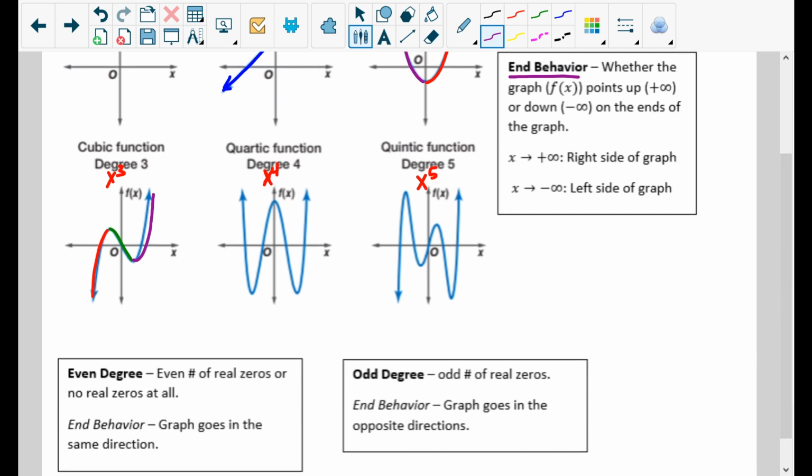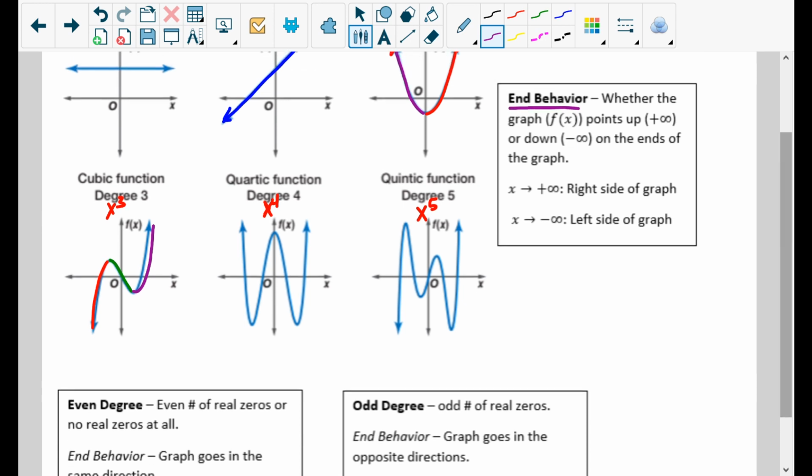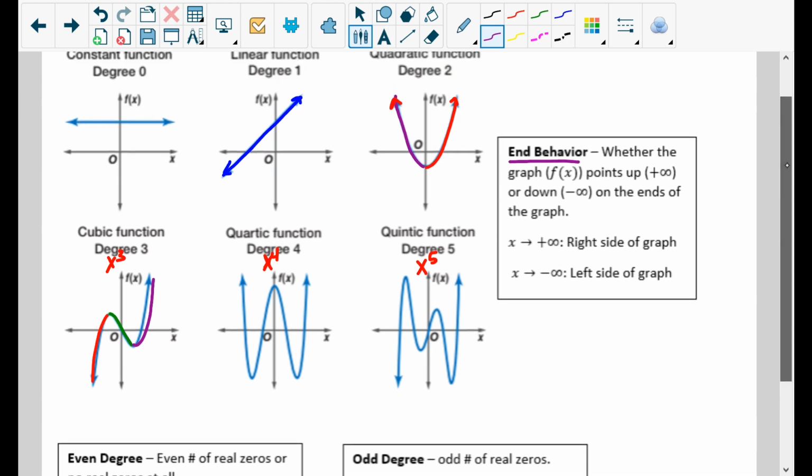We also have even degrees and odd degrees. Even degrees are 2, 4, 6, 8, any of those numbers. So here's even degree 2, even degree 4. You can see they're going in the same direction. They're both going up, or they would both be going down. So your end behavior is the same.